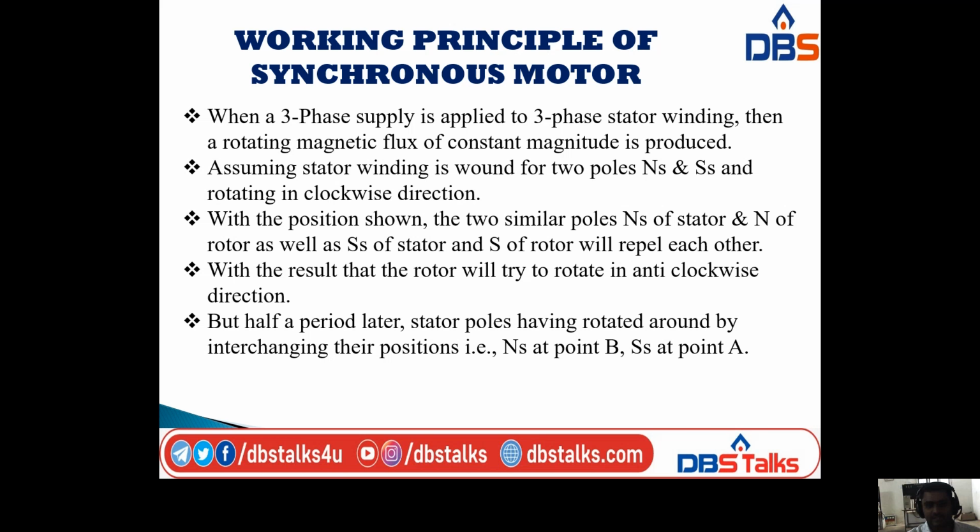So up to now we have seen the first half period, but half a period later, the stator poles have rotated around, interchanging their positions. In the diagram we have two positions, position A and position B.